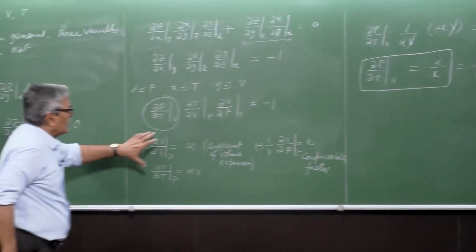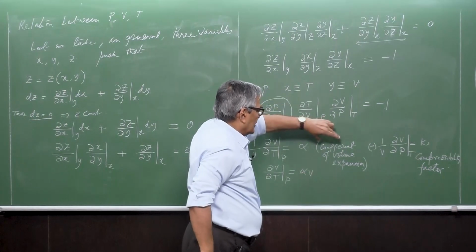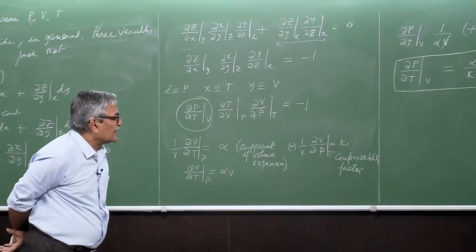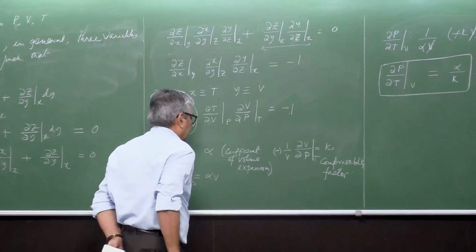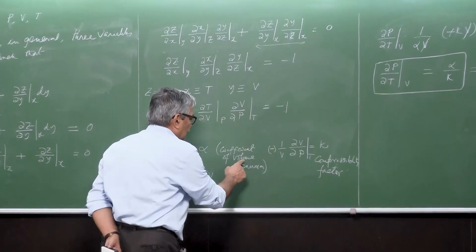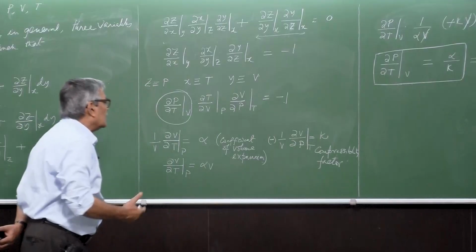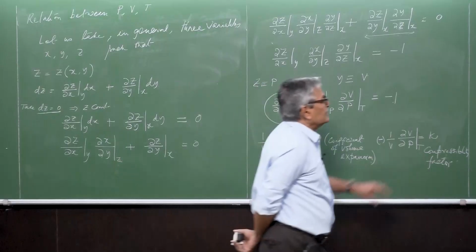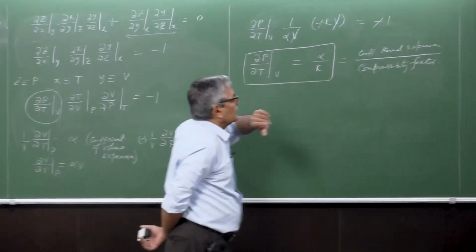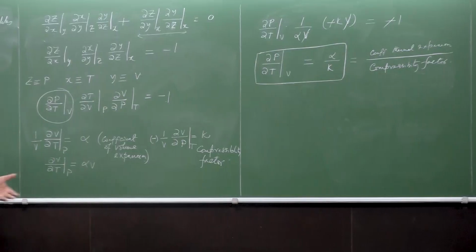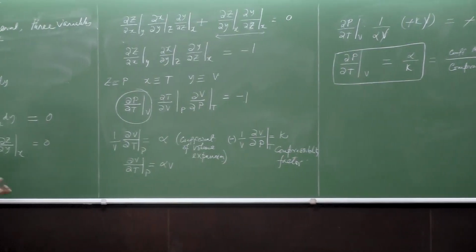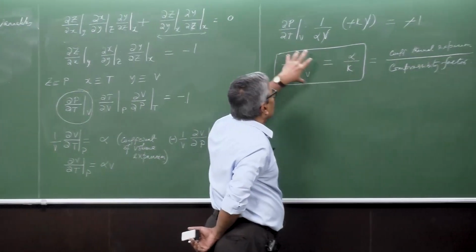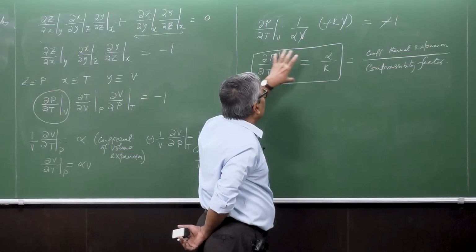That rule uses the coefficient of thermal expansion as well as the compressibility factor. The volume expansion is due to temperature, the thermal expansion. So it is again a relation between properties: each is a property of the system, so two properties are related in this way.